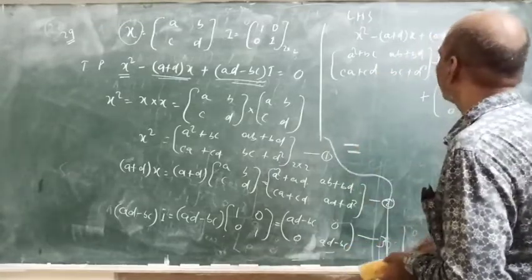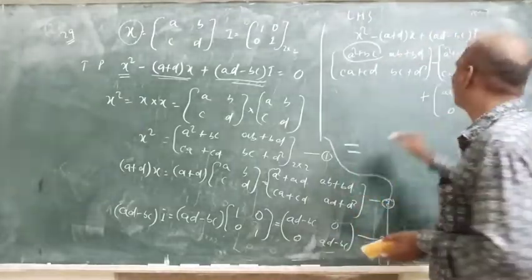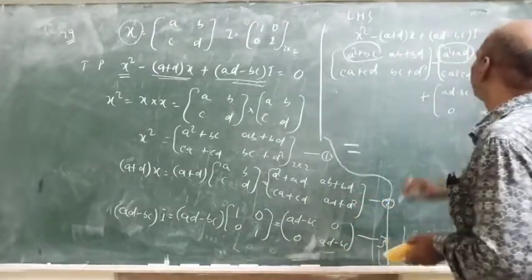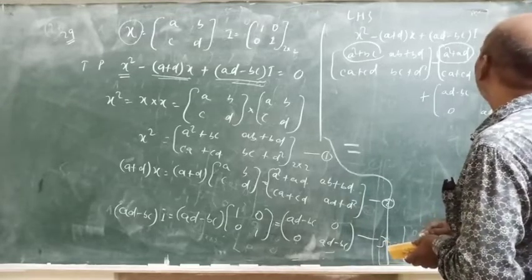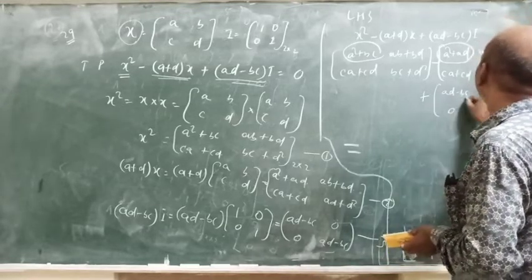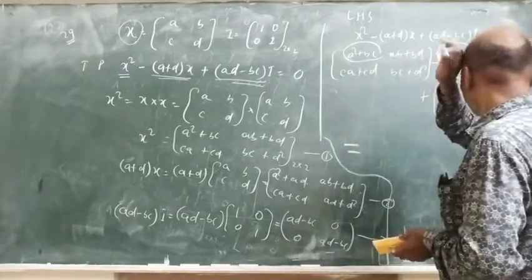Finally, look at here. A square plus bc minus a square plus bc. So what do we get here? A square cancels easily.